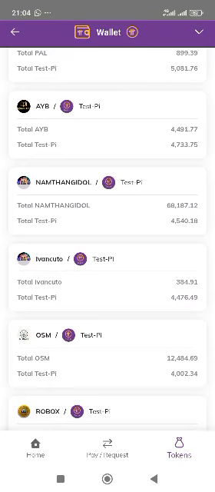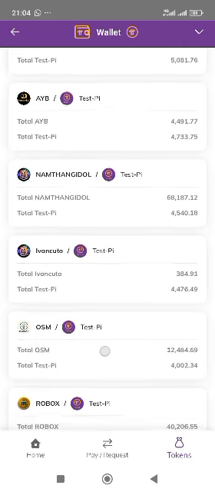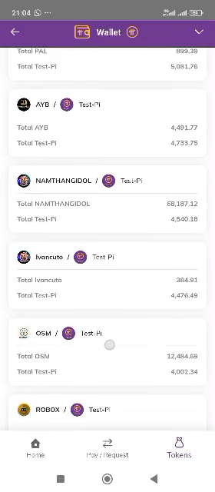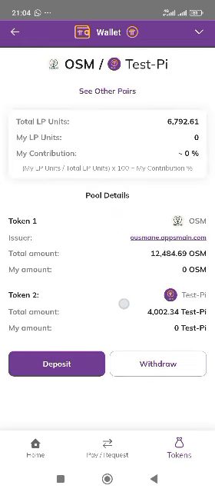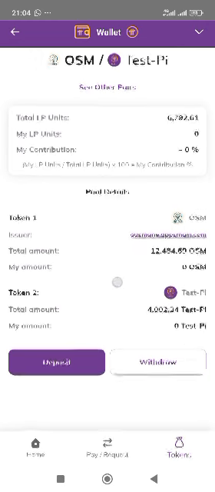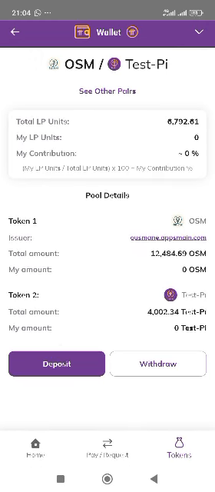Take for example, I want to provide liquidity to this one. It means I must have this OSM coin first and I must have Pi. You know I have this Pi. So if I click this one, this is it. For example, I have not provided liquidity. That is why this place is empty, this one is empty. Let's assume I want to provide liquidity.